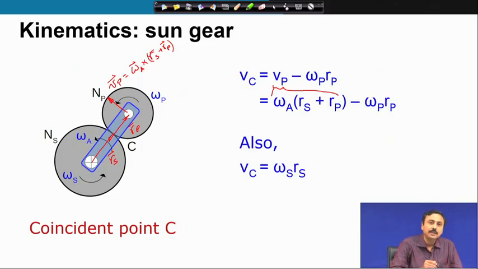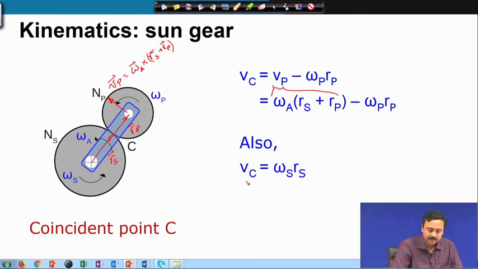If you look from the sun side, then the velocity of the contact from the sun side is equal to omega of the sun times the radius of the sun.